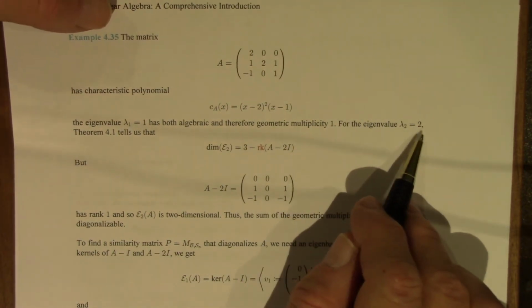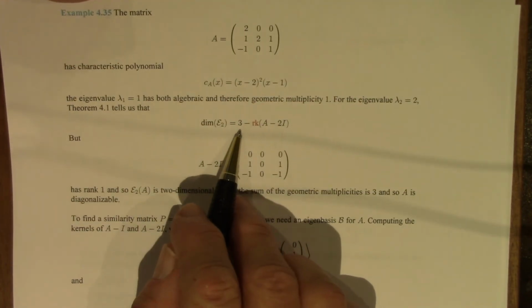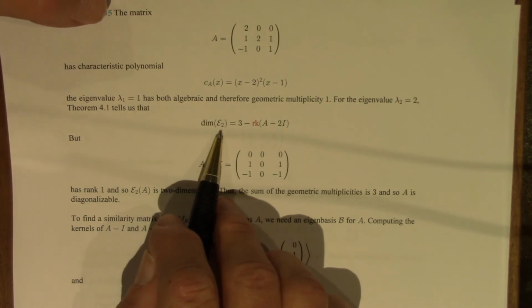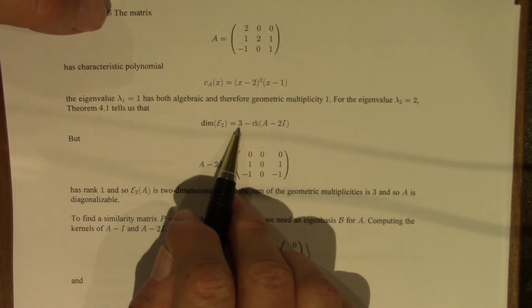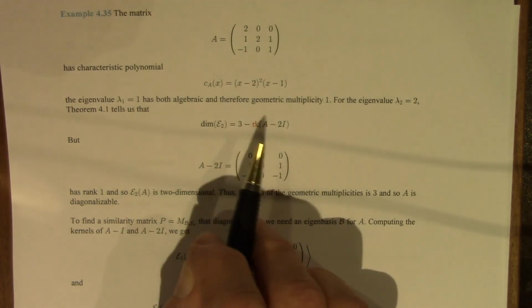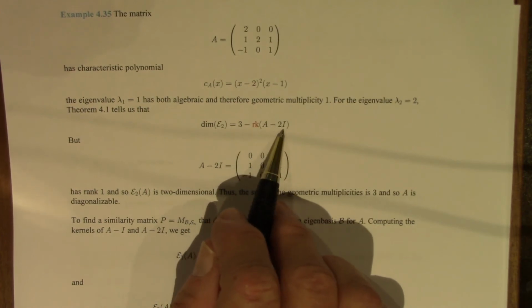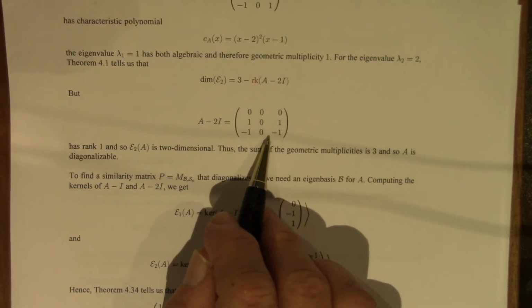For the eigenvalue 2, this is a formula we've seen earlier. For the dimension of the eigenspace, it's the full dimension, 3, of the vector space minus the rank of A minus 2I. This is what A minus 2I looks like.